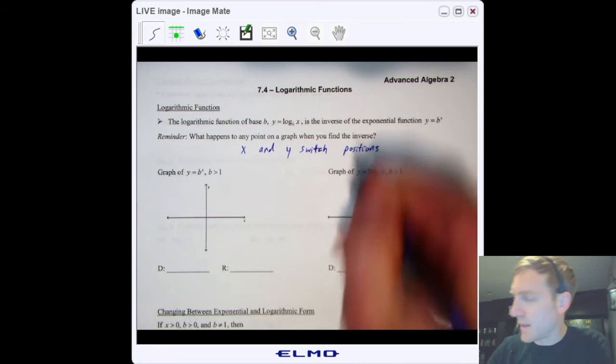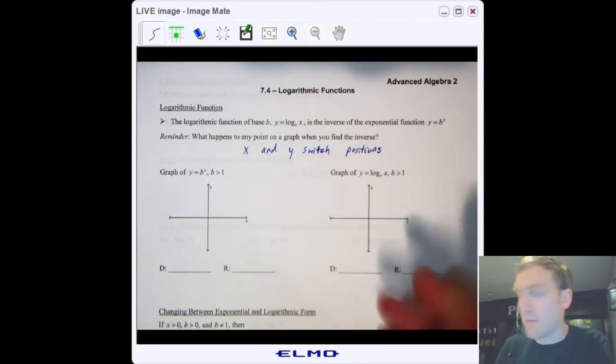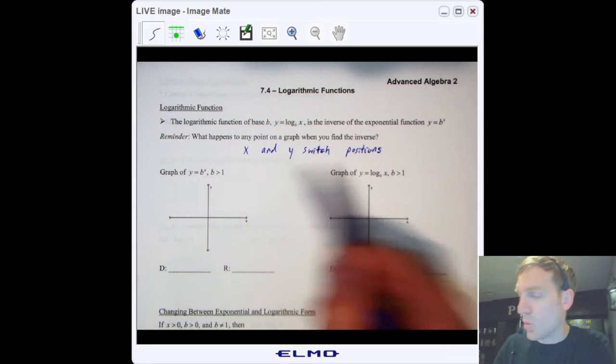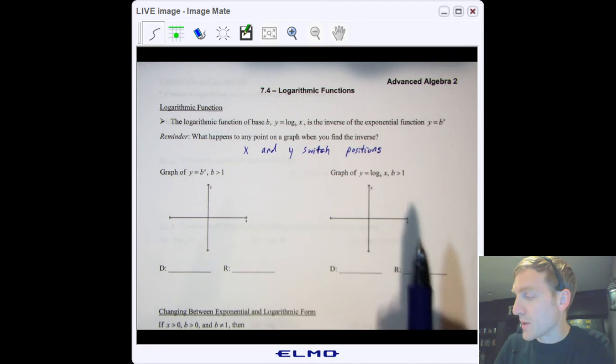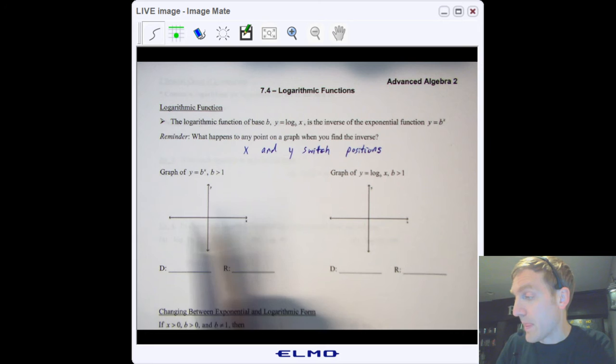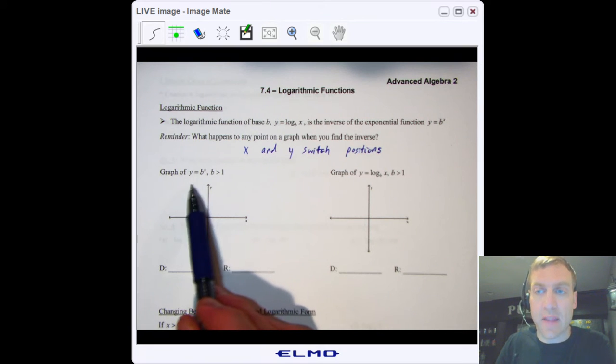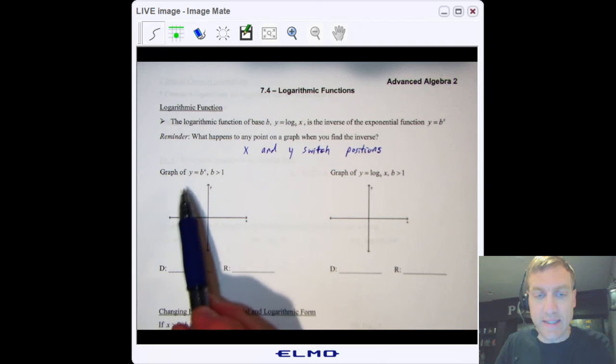So once again, when you take the inverse of a graph, the x and the y switch positions. So we're going to start by graphing the log function based on graphing the exponential function, which you already know from 7.2, and graphing its inverse.